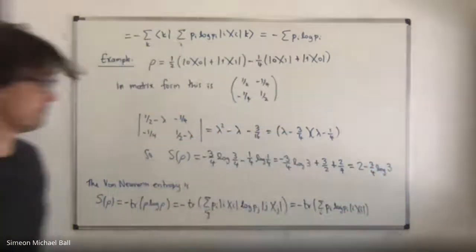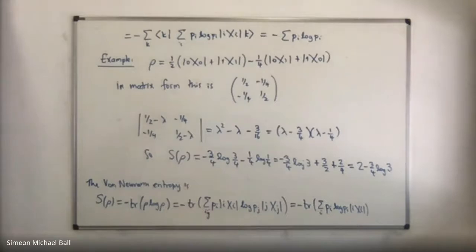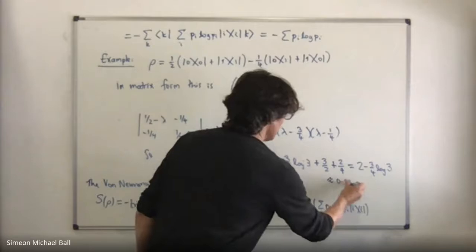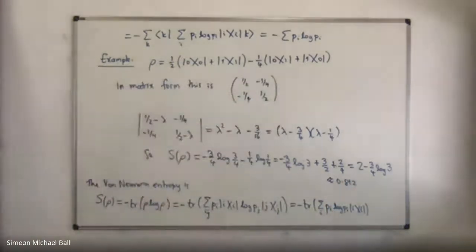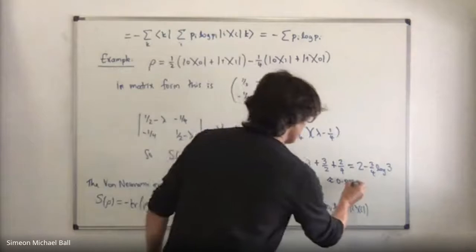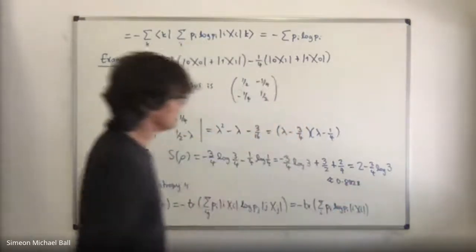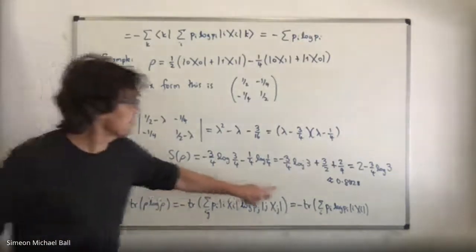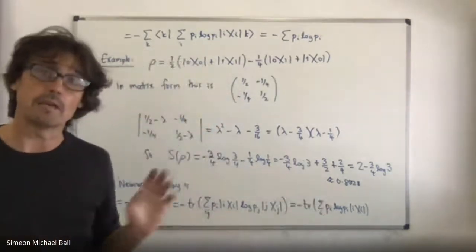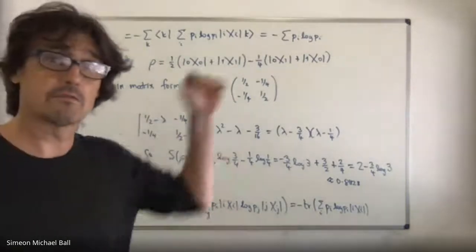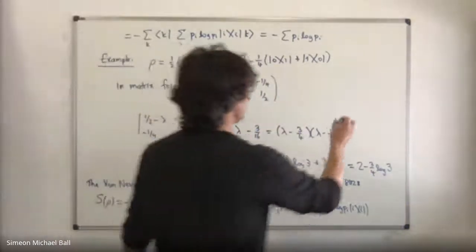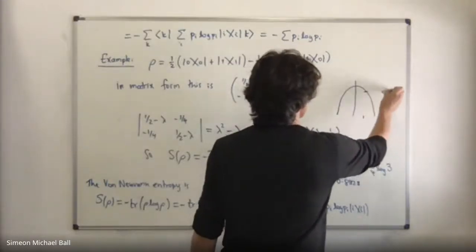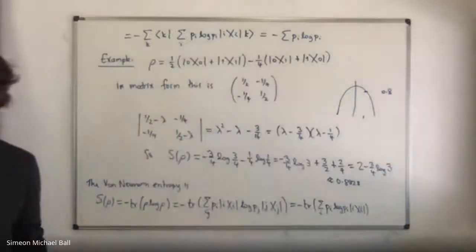So I do say it's 2 minus 3/4 log 3. Yes. And this turns out to be approximately 0.81, something. So as you can see, it's fairly uncertain. Okay, this would hit 1, recall, if we had a half, and it's somewhere along that curve that we saw before, like here. So you see that's roughly 0.8 up here. Okay.